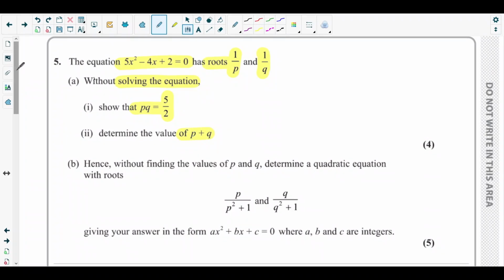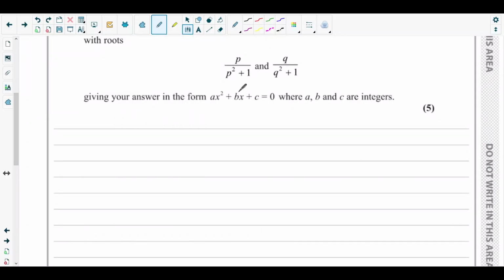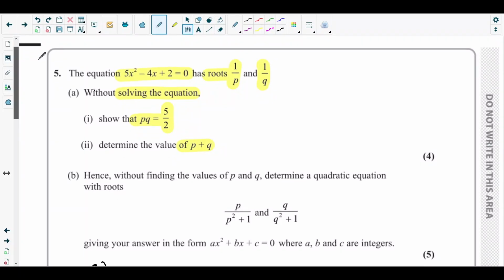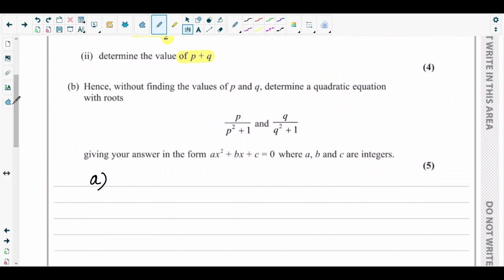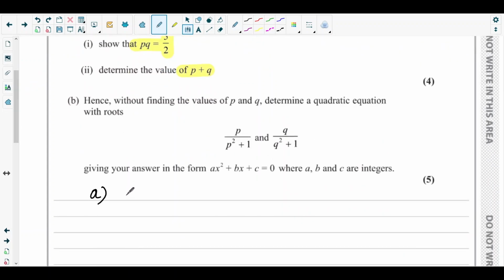Okay. So for part A, the equation given, we should make it in the form of x squared plus b over a x plus c over a equals 0. Why do we have to convert it to this form? I'll tell you soon. Let's have a look. It becomes x squared minus 4 over 5 x plus 2 over 5 equals 0.